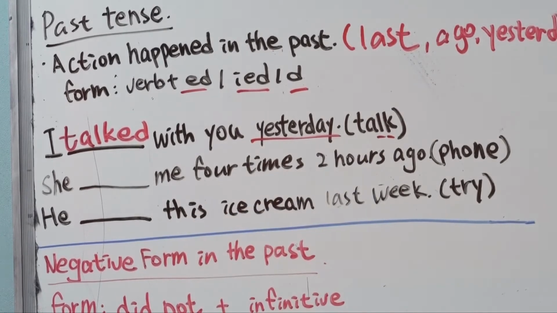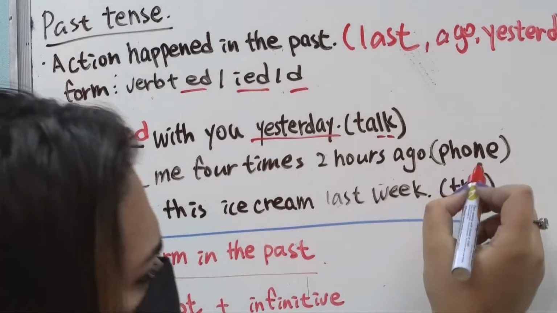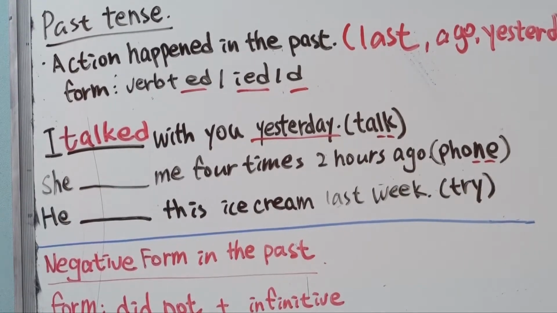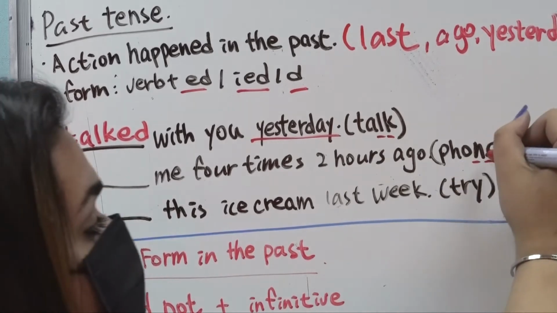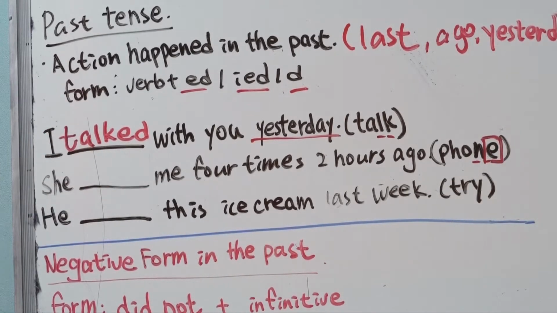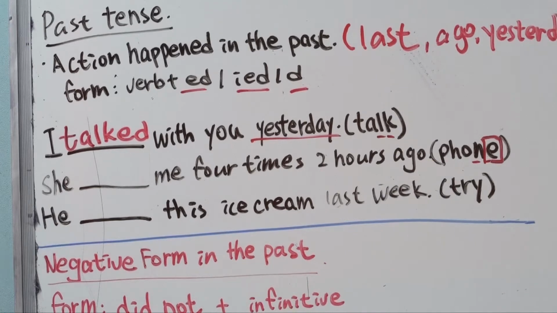The action verb they gave you is phone. Let's look at the last 2 letters. Anything special? What is so special? Yes, it ends with the letter E, right? What do we have to do if an action verb ends with the letter E?